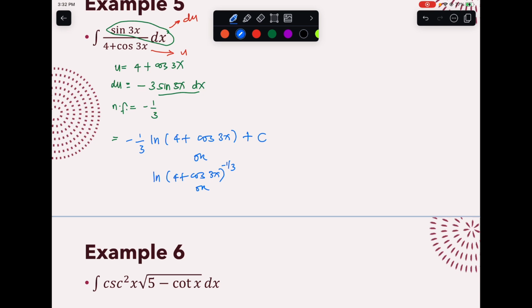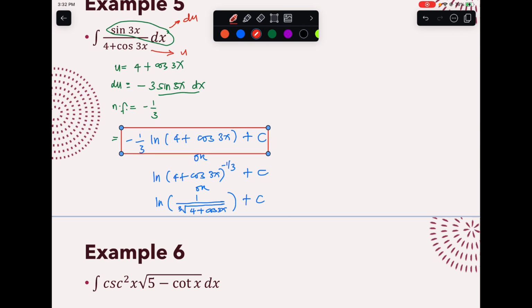So that will be fine. We could have it as well as 1 over the cube root of 4 plus cosine 3x plus c. But then this will do already. So negative 1/3, so ln of 4 plus cosine 3x.